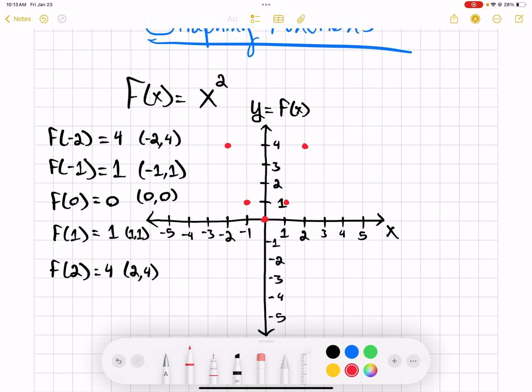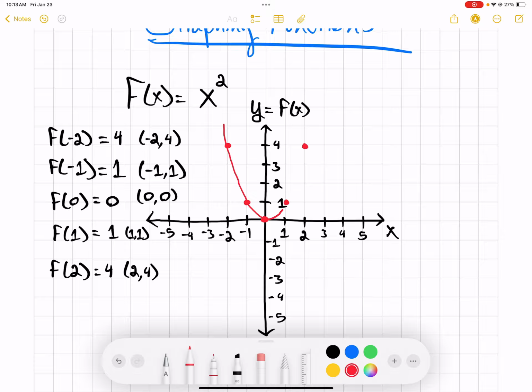Now, I just picked some specific points to graph. I picked 1, 2, 3, 4, 5 specific points to graph. But the reality is, everywhere on this graph, you can draw a point. In fact, these lines, when you're looking at a graph, are an infinite stream of points, inputs and outputs.